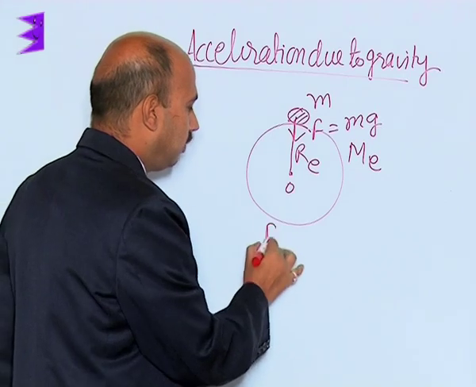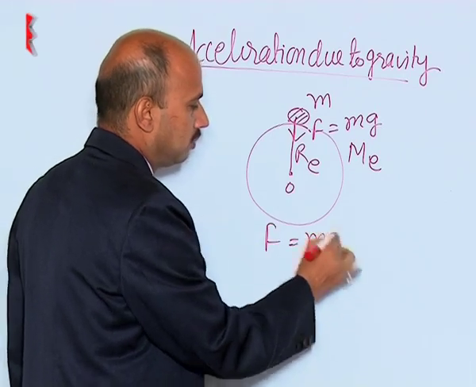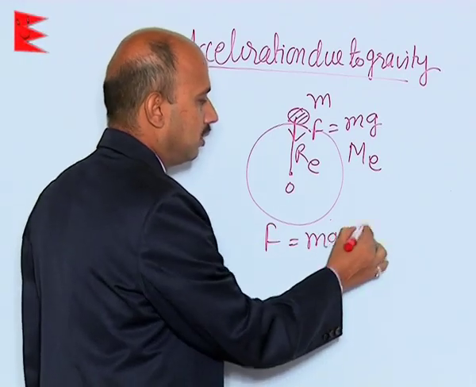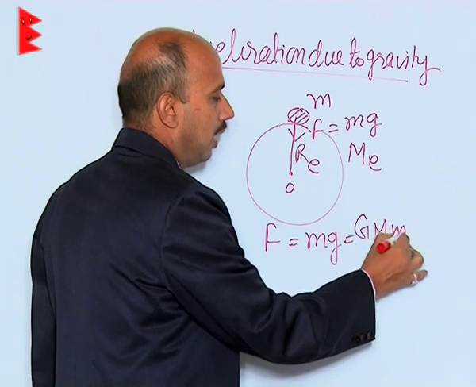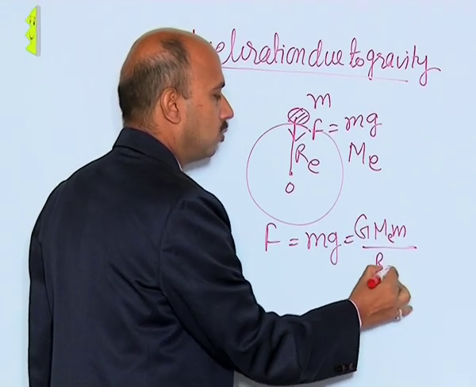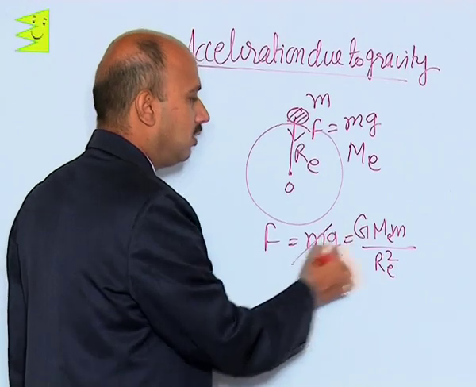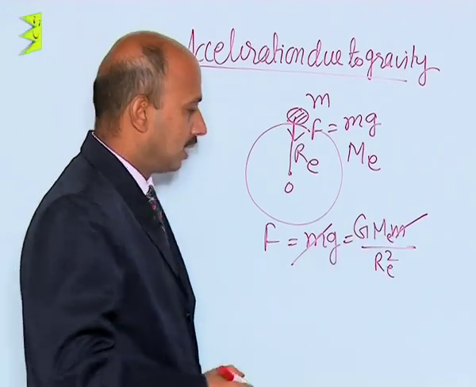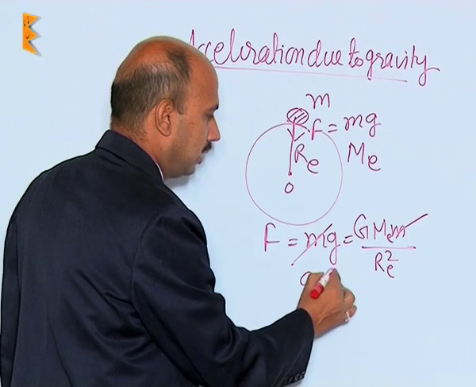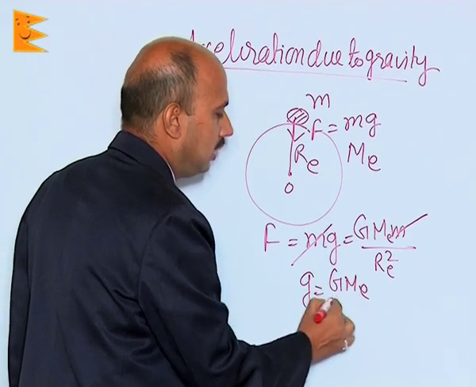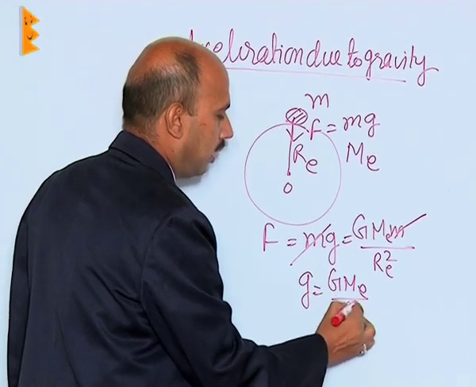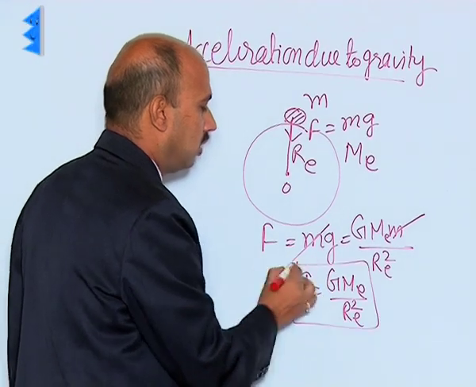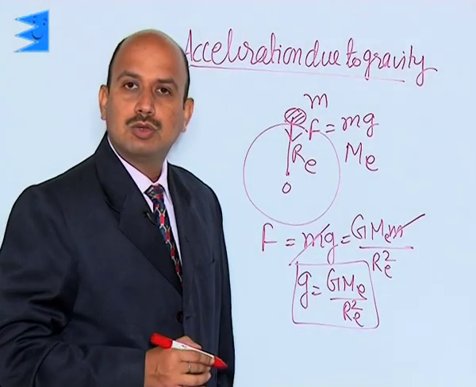So you know the gravitational force F is equal to mg, which can be written as G Me m upon Re square. This m and this m will get cancelled. You will get g equal to G Me upon Re square. So this is the formula for the acceleration due to gravity.